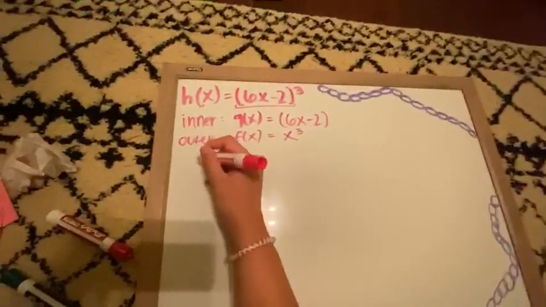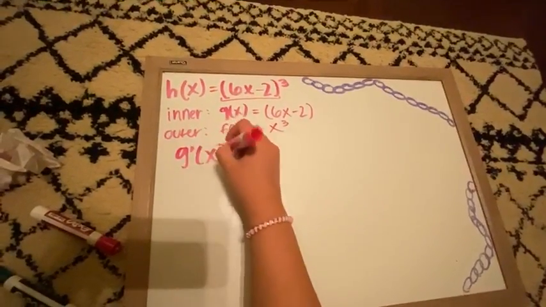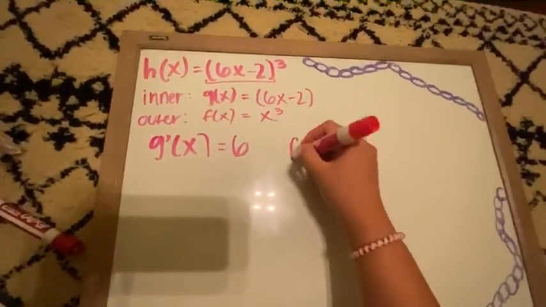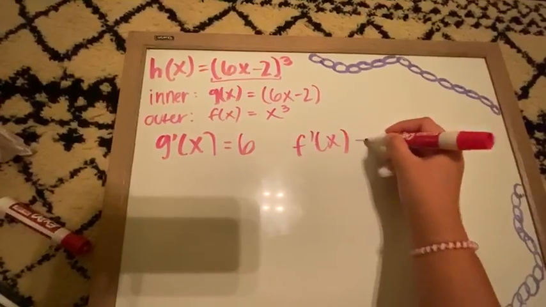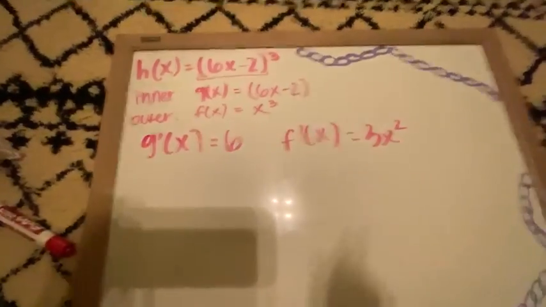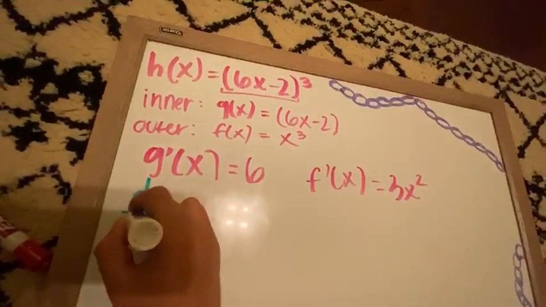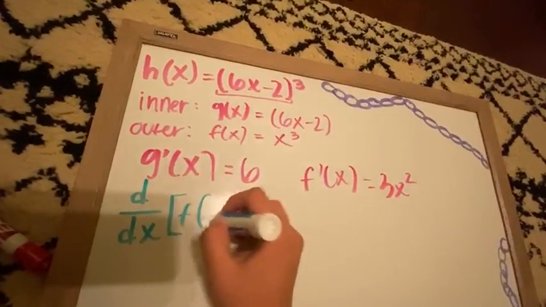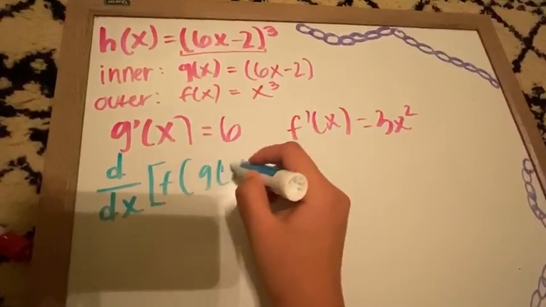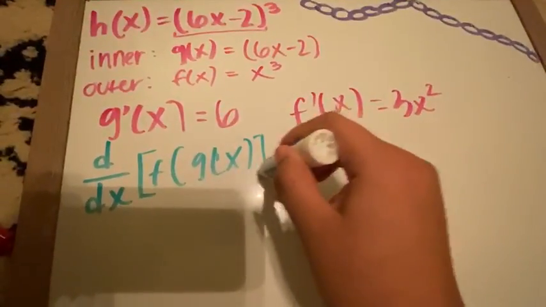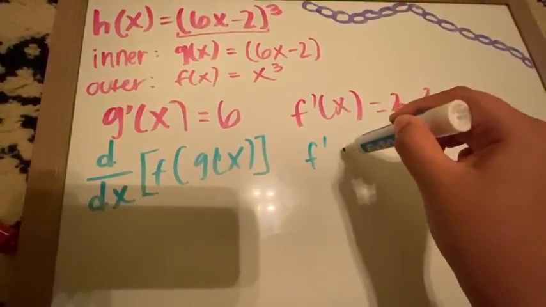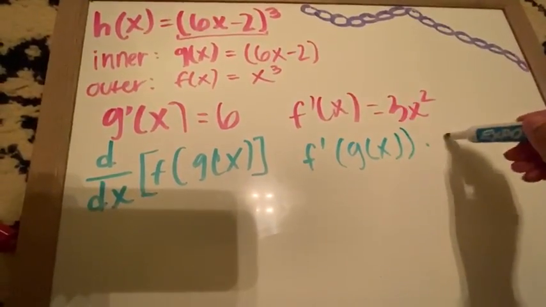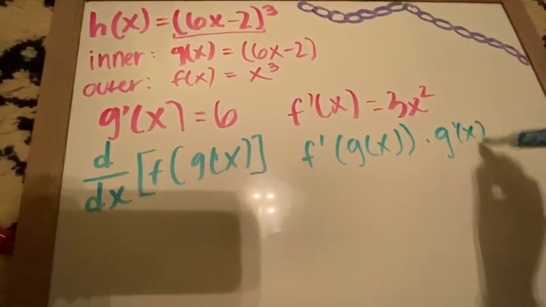So our g prime of x is just 6, and our f prime of x is 3x squared. The chain rule says d over dx of f of g of x is f prime of g of x times g prime of x.